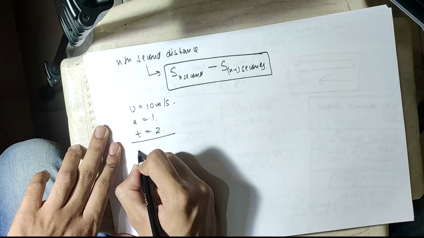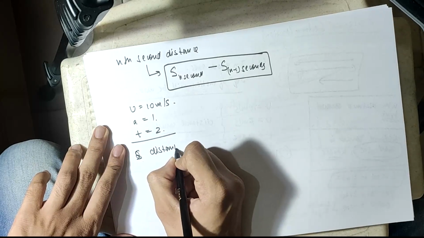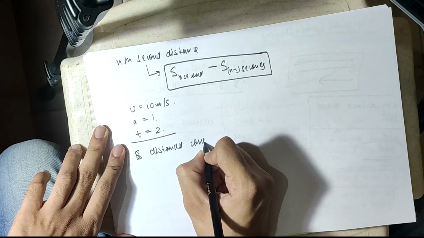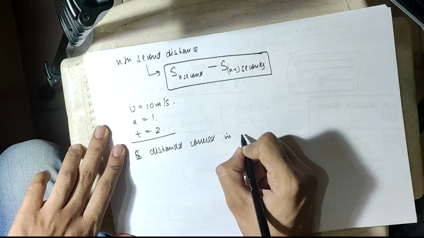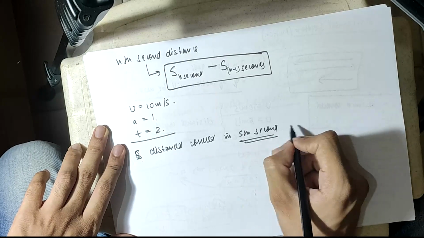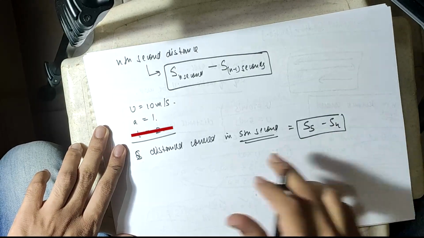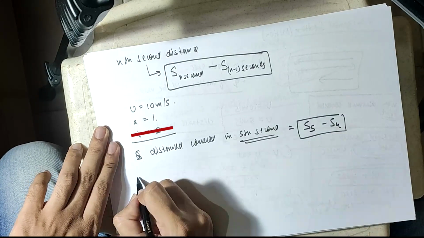For example, if I say initial velocity is 10 meter per second, acceleration is 1, what is the distance covered in the fifth second? What will you do? Fifth second means S5 minus S4. What is S5?